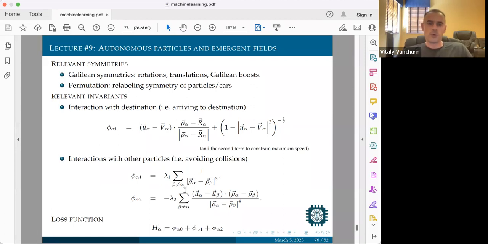But of course, the search for the right invariants for the self-driving cars continues. Those work pretty well. Doesn't mean that others shouldn't, especially when you add more cars, right? So you have more different cars, more different particles, and a lot more different interactions. And so the problem does become messier, but at least we know how to tackle it.